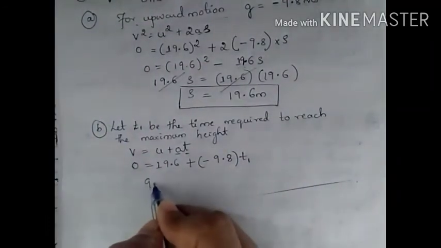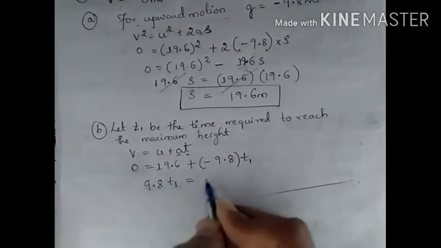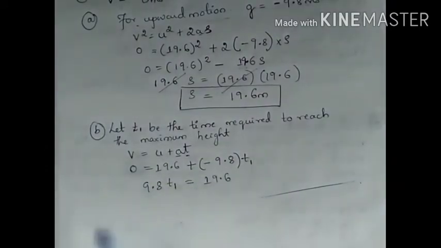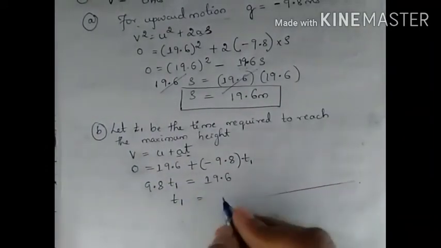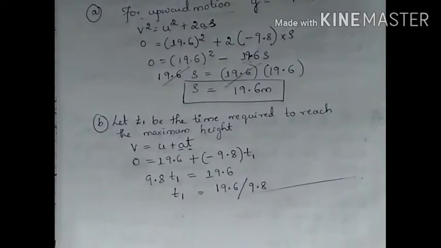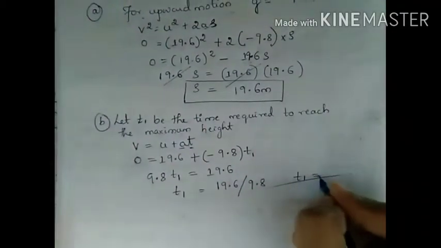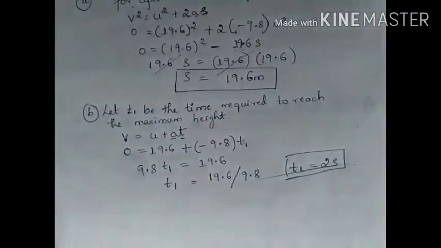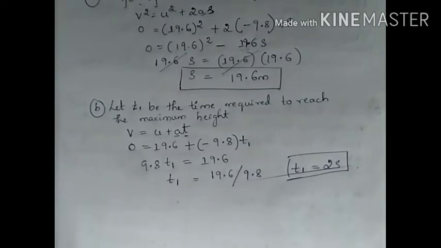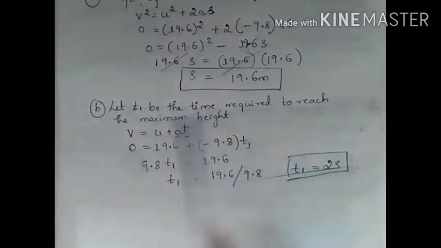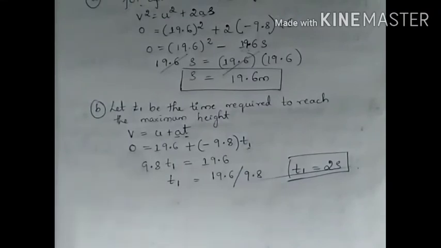So 9.8 T1 is equal to 19.6, so T1 is 19.6 divided by 9.8. Doing this, you get T1 is equal to 2 seconds. So we have found the time taken to reach the maximum height. T1 denotes the time required to reach the maximum height, or the time of ascent.